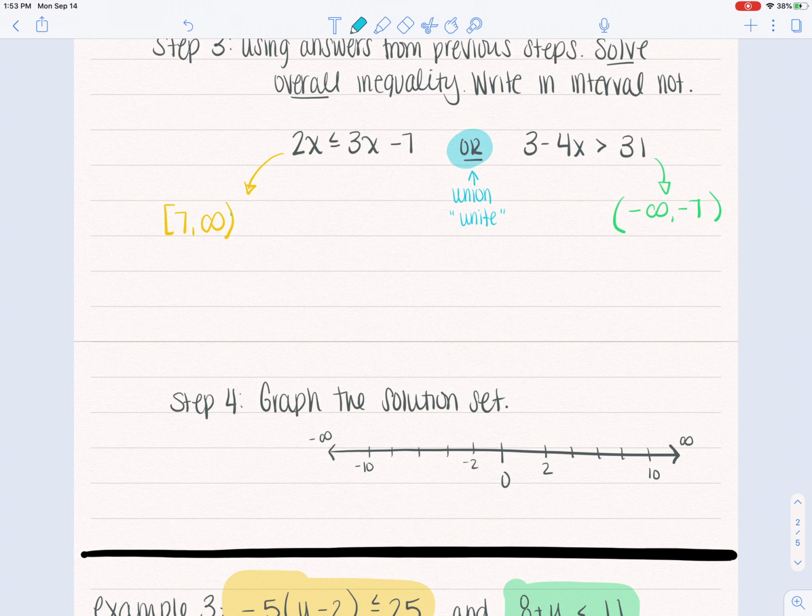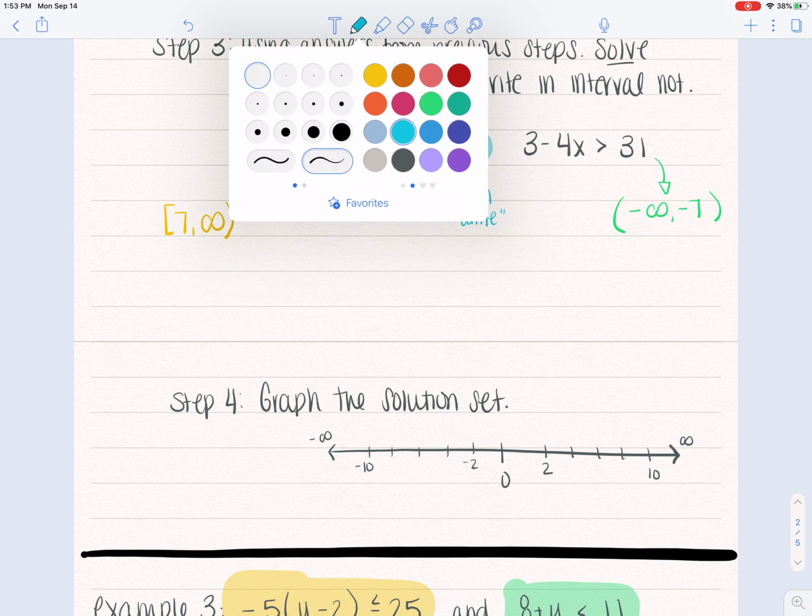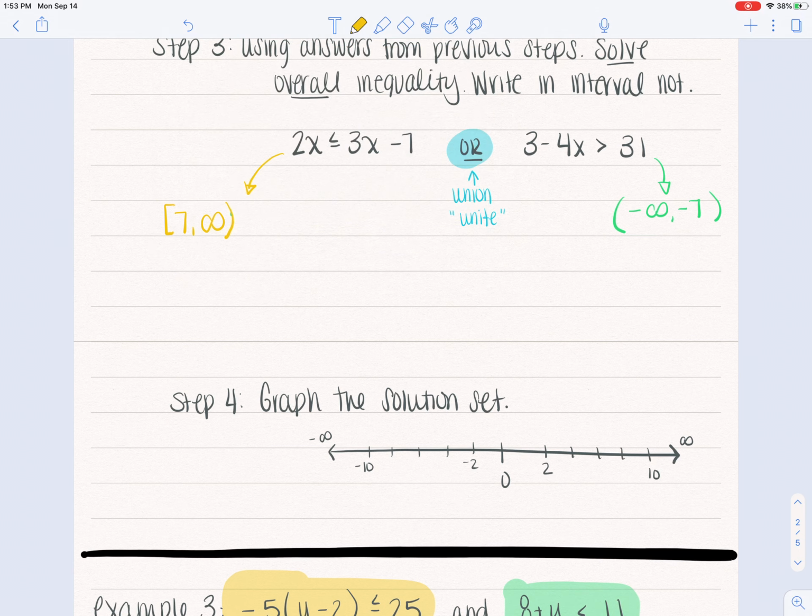So the first graph, the inequality on the left, I'm going to do that one first in yellow. I've got 7 with a bracket, and 7 is going off to infinity.